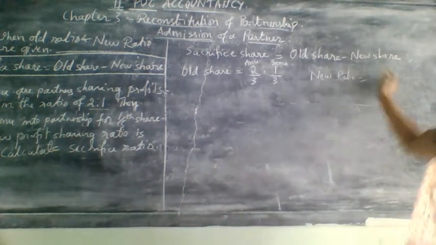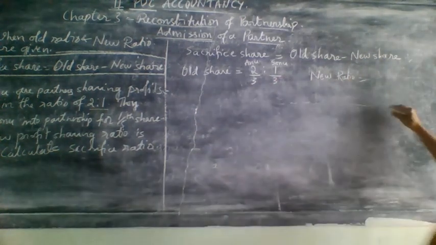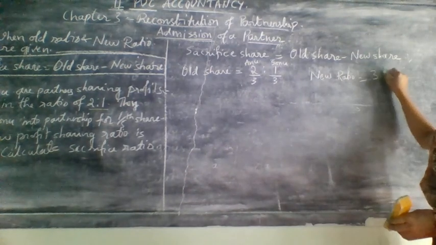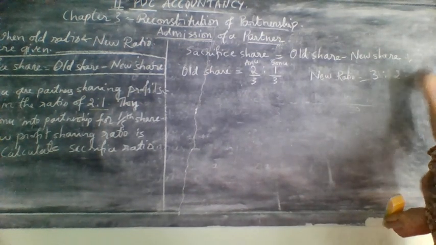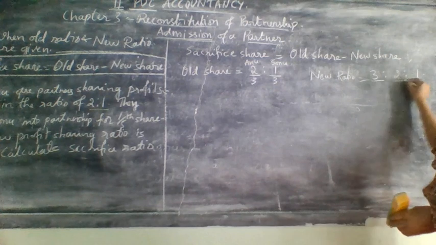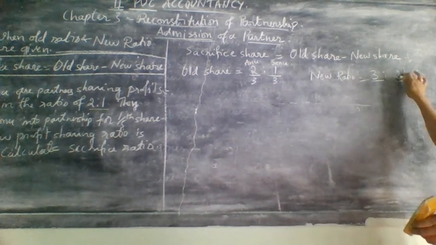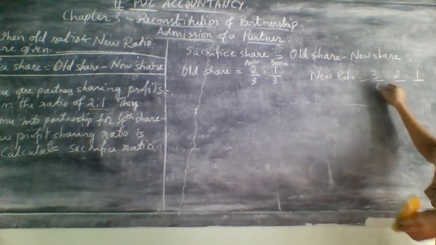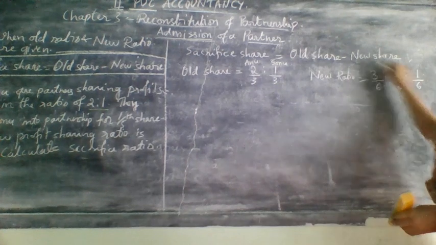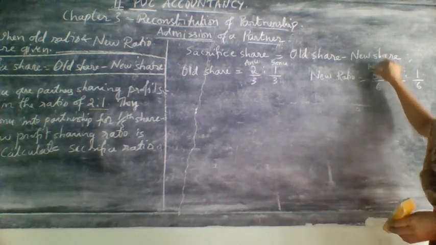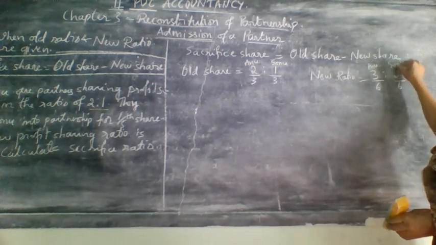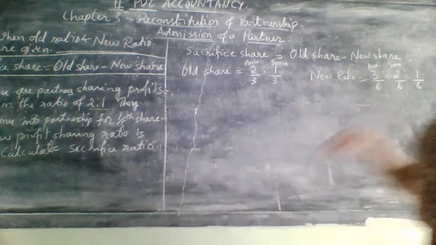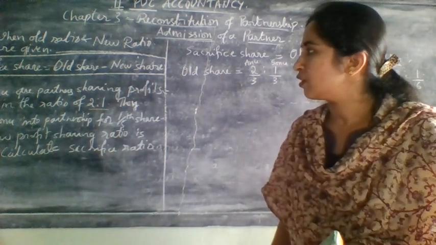What is their new ratio? 3:2:1. So write here 3:2:1. Again convert this into proportion. 3 plus 2, 5 plus 1, 6, 6 and 6. Here it will come Anu, Sonu, and the next person is Monu.